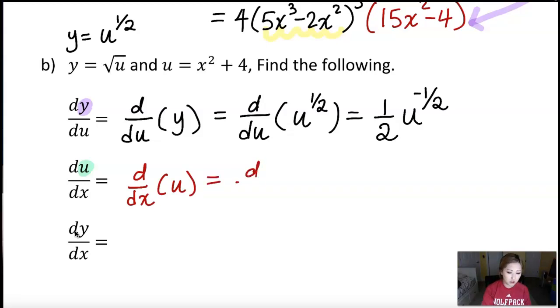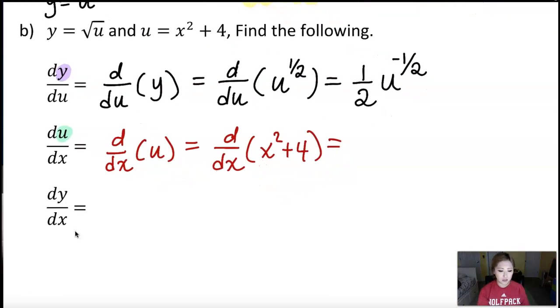So let's plug in what u is this time. What's u? Look at that. They said u is x squared plus 4. And let's take the derivative of this. Derivative of x squared is 2x. Derivative of 4 is just 0, so I don't have to put that down.